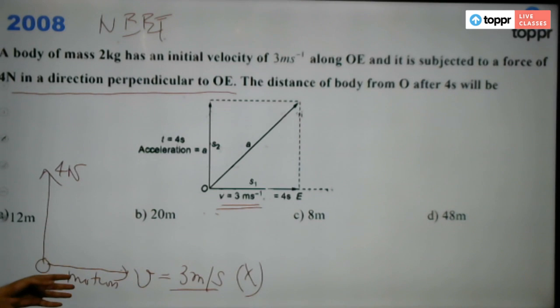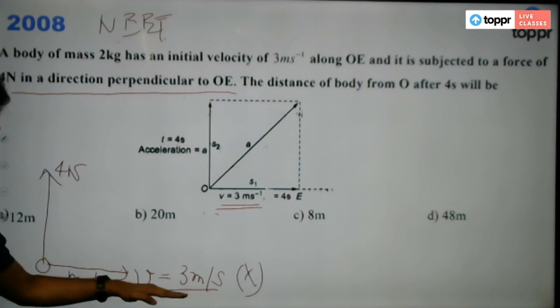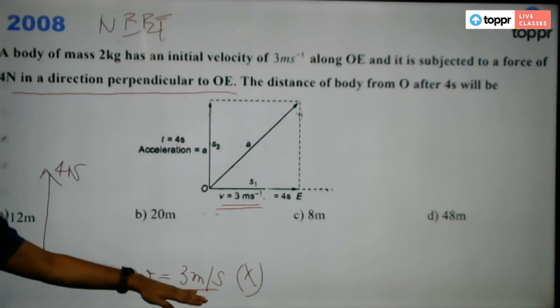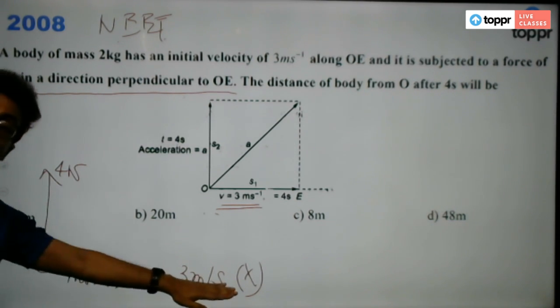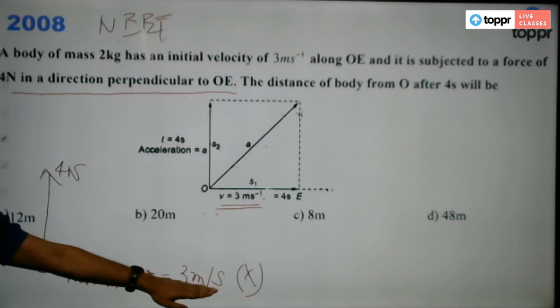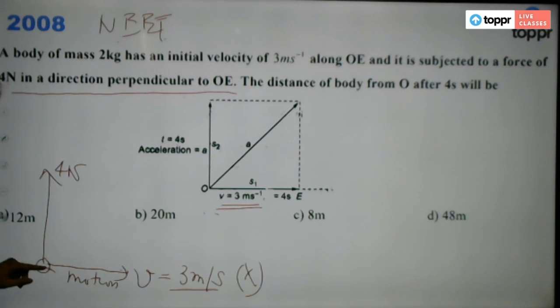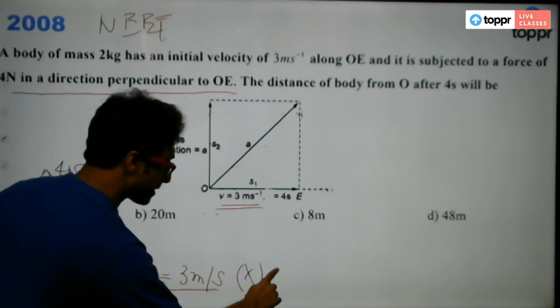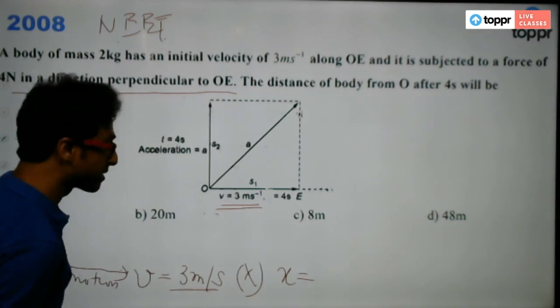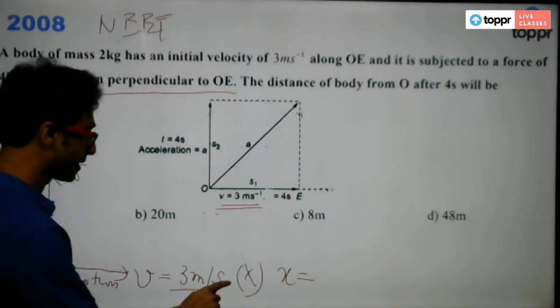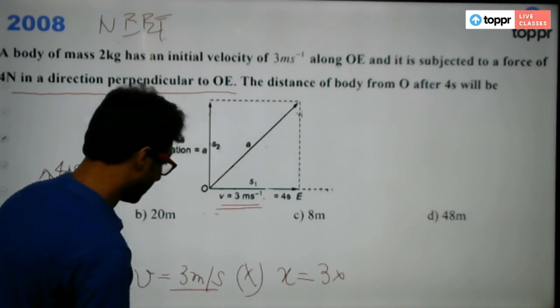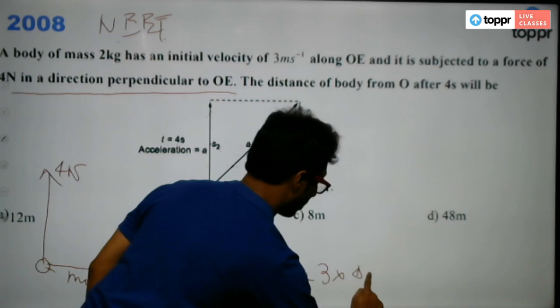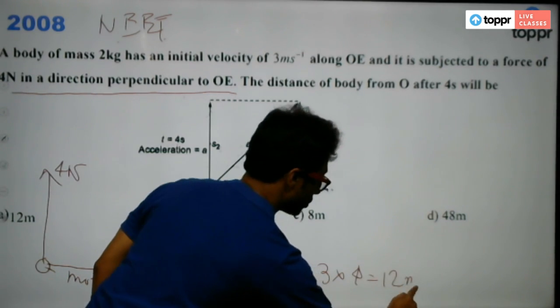So along the x-axis there is no agency to change the velocity. So the velocity remains constant, that is 3 meter per second. So along the x direction, what will be the displacement? After 4 seconds, it is nothing but 3 into 4, that is 12 meters.